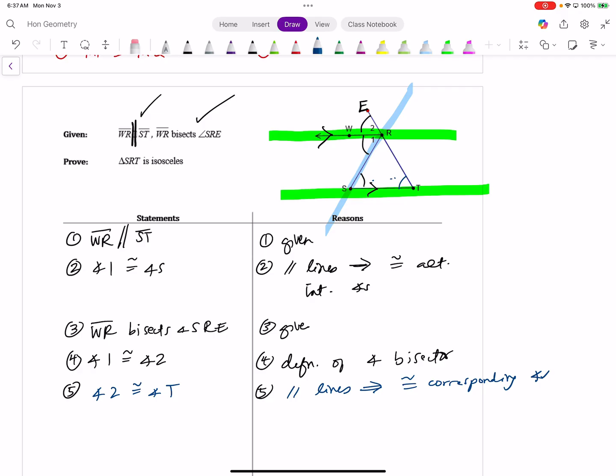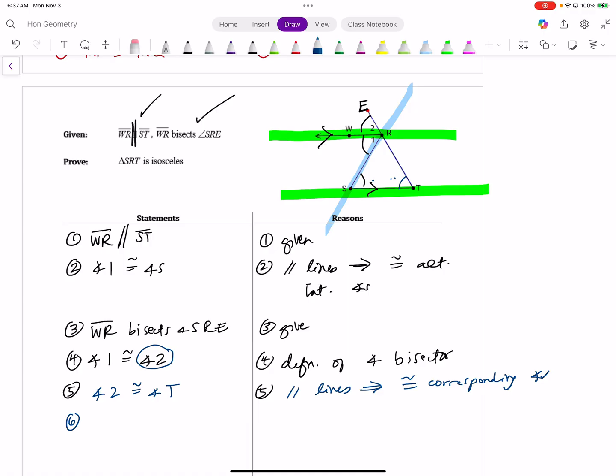But let's see. Angle 1's congruent to S. 1's congruent to S, 1's congruent to 2, and 2's congruent to T. Can I say that all in one transitive property? I probably shouldn't.